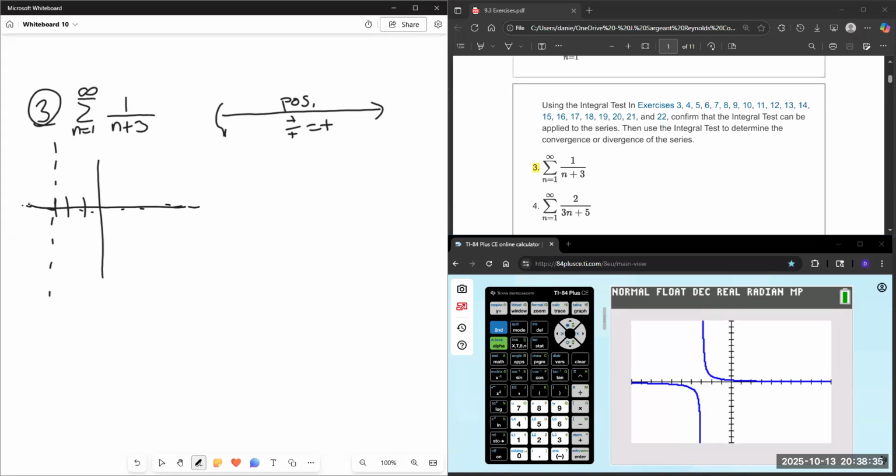It has a y-intercept here at 1/3, and it comes down like this, and at 1/4 we are positive, continuous, because rational functions are continuous on their entire domain.